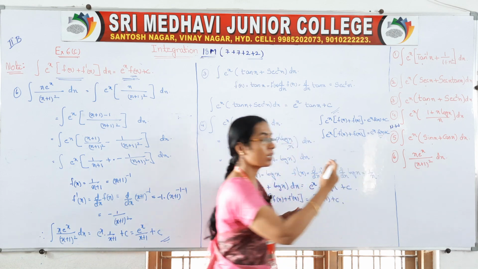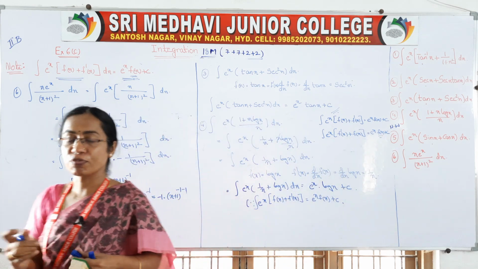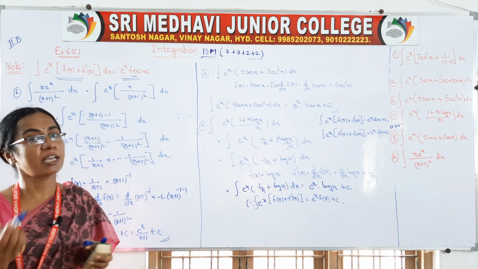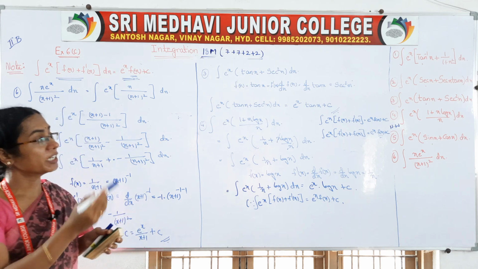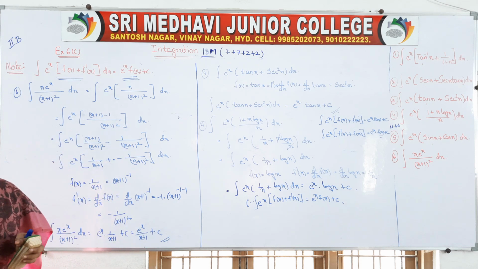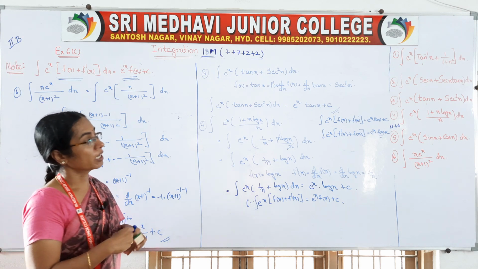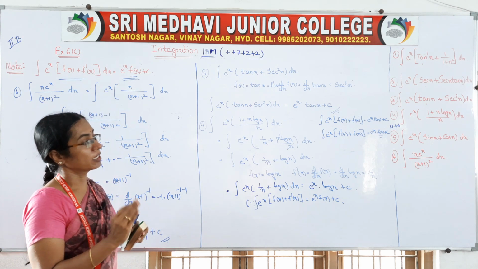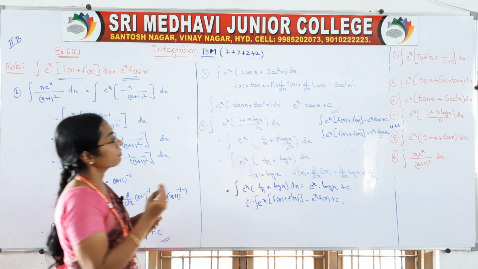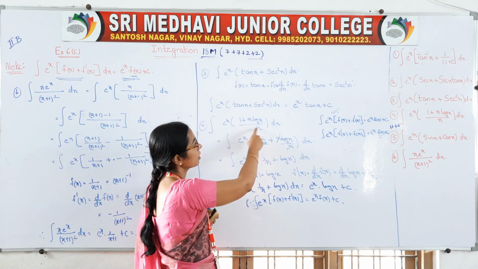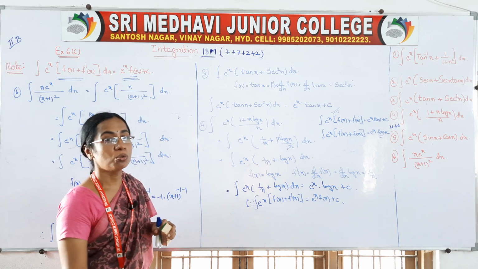That's why be careful while selecting your f of x. If you select any value as f of x, by differentiating you should get its derivative, that is the f dash x value. Okay, so like that you have to select, and sometimes it will not be a direct question. See here, actually where are the two terms?